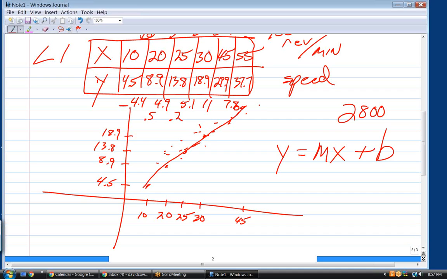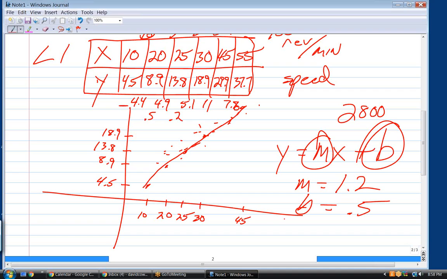So what your calculator gives you is M and B. In other words, if you input these two lists into your calculator and request that it do a linear regression, it might tell you that M is 1.2 and B is 0.5.